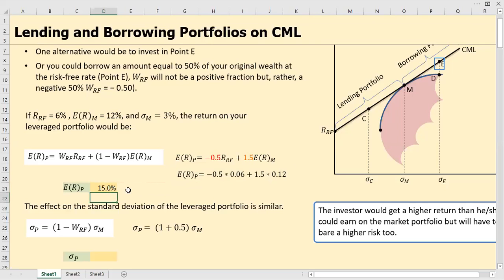So you get 15%. So the value here is equal to 15%, right? So this is how you calculate the expected return of the borrowing portfolio.